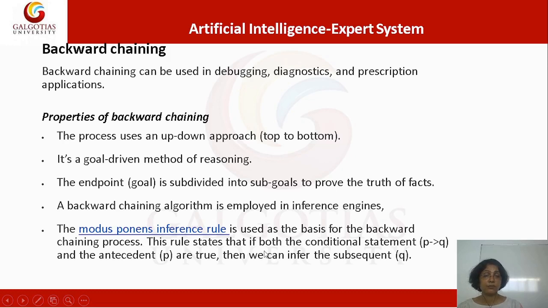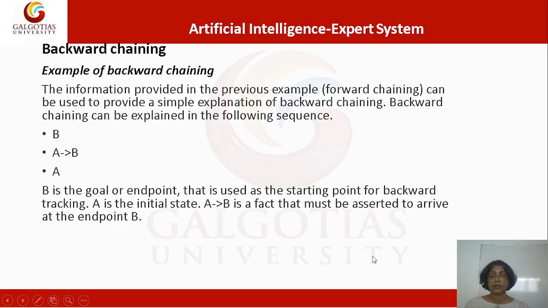This rule states that if both the conditional statement P determines Q and the antecedent P are true, then we can infer Q. As an example, you can take the information provided in the previous example of forward chaining to provide a simple explanation for backward chaining.